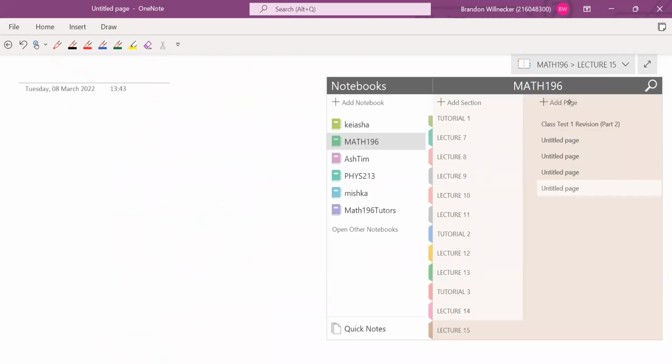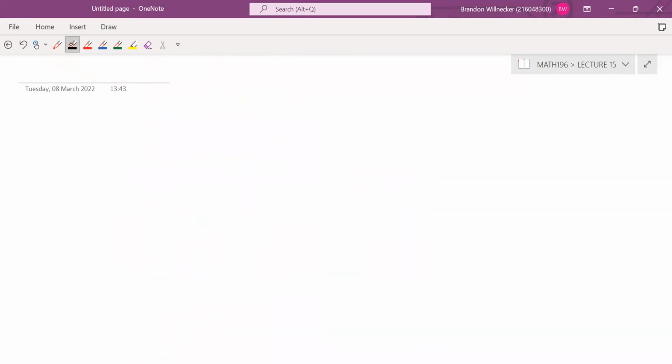Okay, so remember the scope for this test. So it's antiderivatives. Then indefinite and definite integrals.